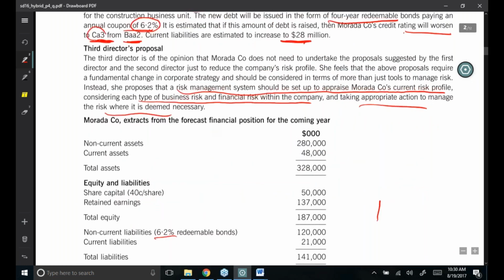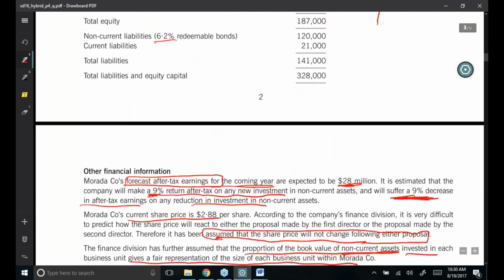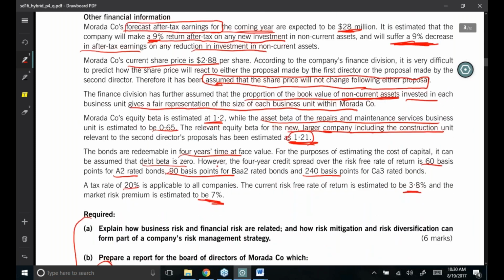Your rating will go down to CA3, and for CA3, the spread is 240 basis points.